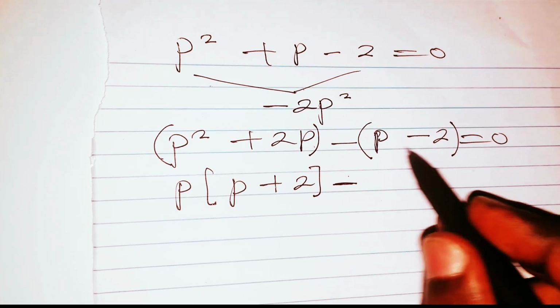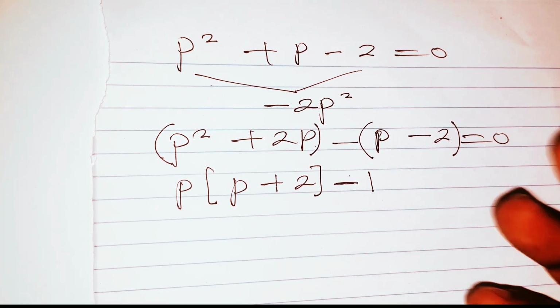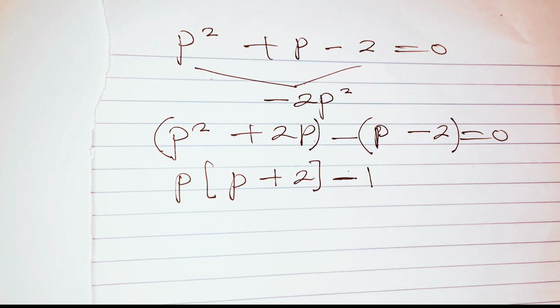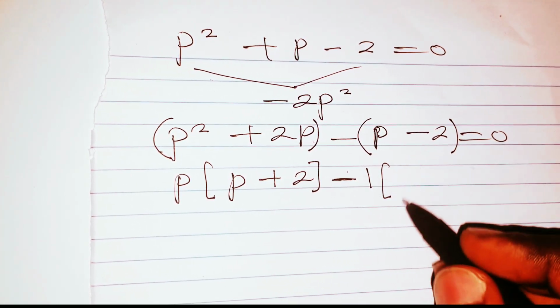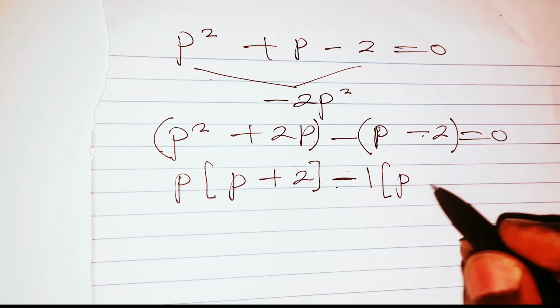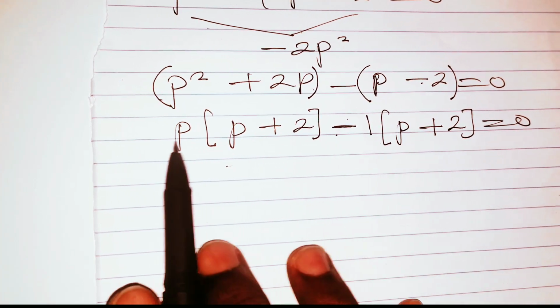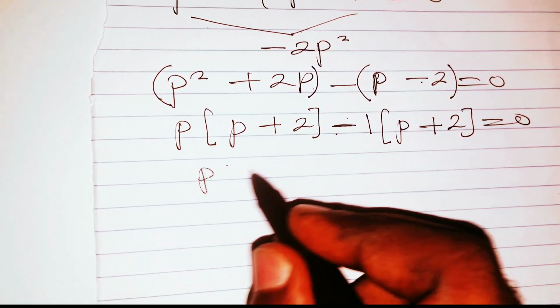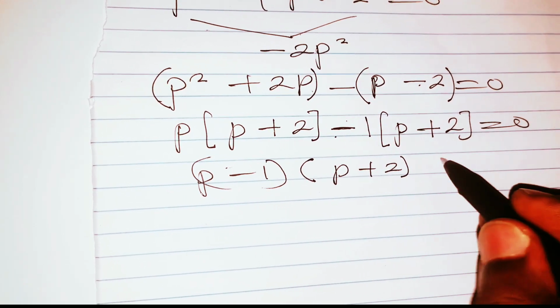And then minus a common term between p and minus 2 is 1. 1 is a common factor to every term, be it letter or number. Therefore, p divided by 1 is p, minus times minus is plus, 2 divided by 1 is 2, equal to 0. And then we'll pick one of the terms of the bracket and combine this and this together. So p minus 1 in the bracket p plus 2 equal to 0.